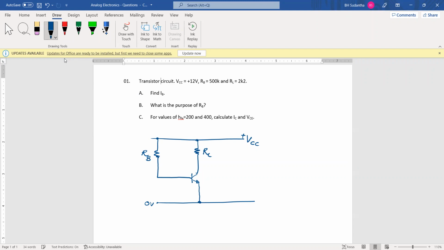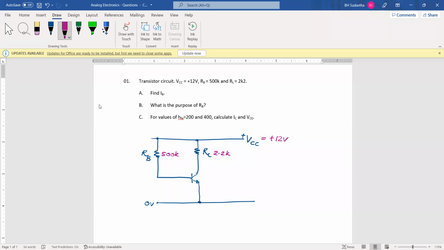And this is RB. You know that RB is 500K. This RL is 2.2 kilo ohm, and this voltage is plus 12 volts.